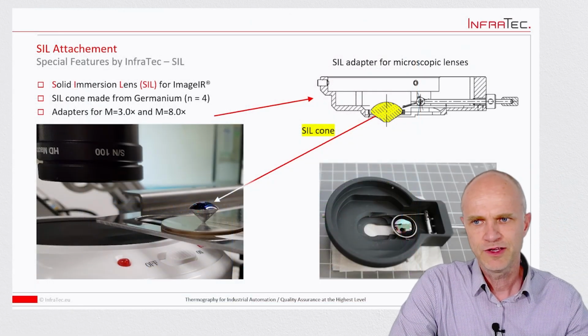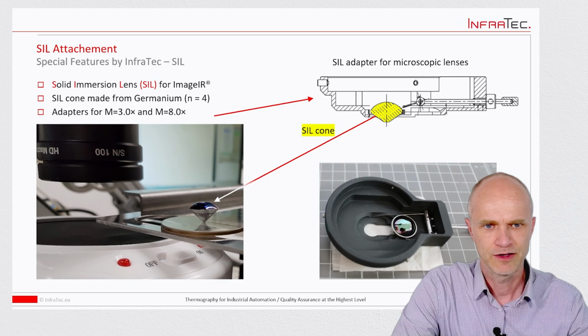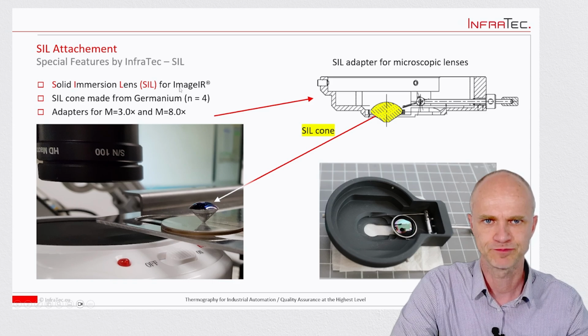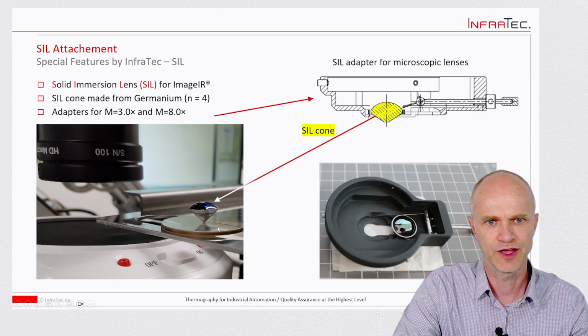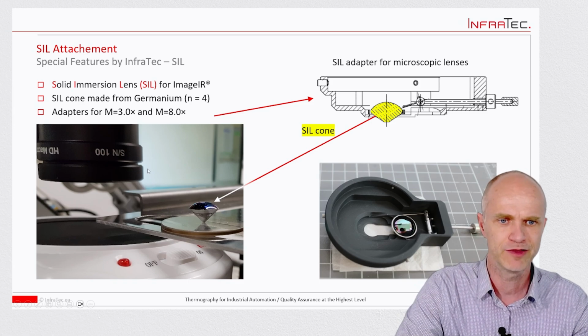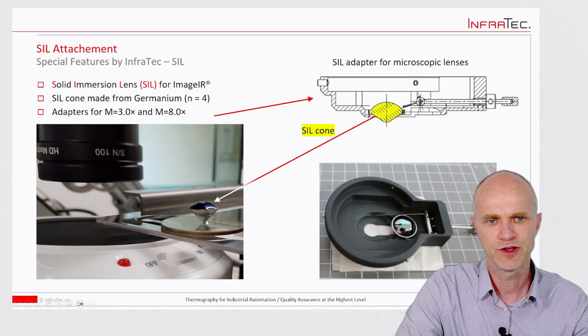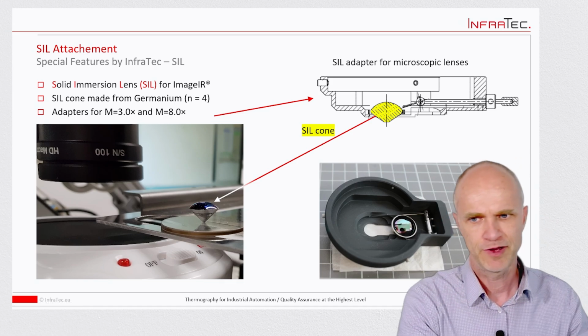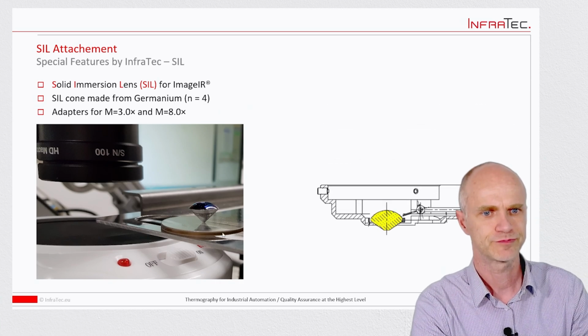Another possibility to make the resolution a little bit higher is a so-called solid immersion lens, SIL. This can be used in combination with, for example, the 3-time or 8-time magnification lens. This lens is also made of germanium, and it helps to make 4 times better resolution finally.